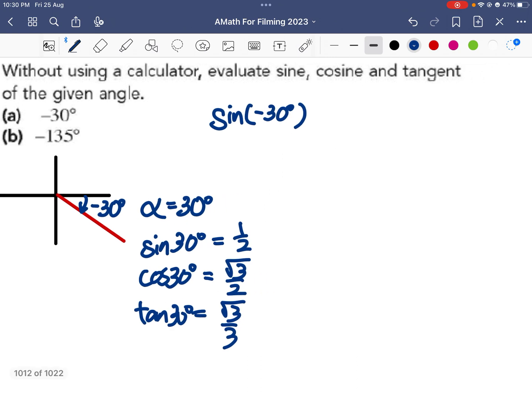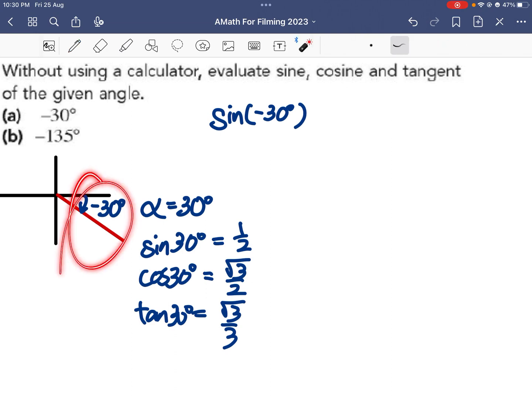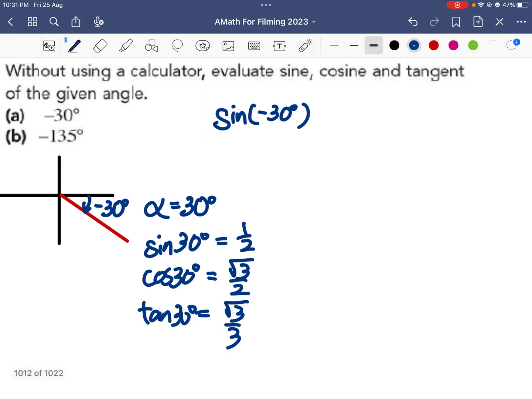Okay, now wait, I'm not talking about sine 30, I'm talking about sine negative 30. Where is my angle? It lies in the fourth quadrant itself. Hence sine of negative 30, as we have learned earlier, is negative sine of 30, it is negative half.